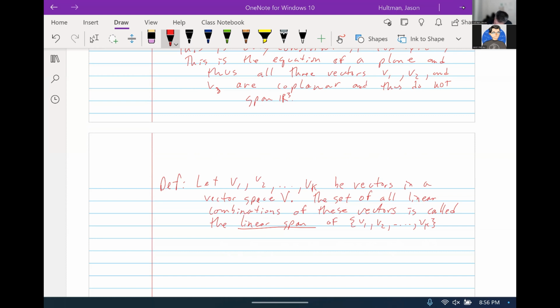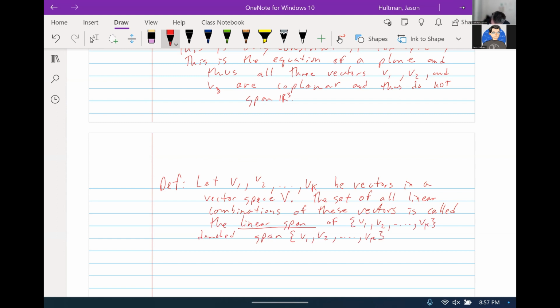And it's denoted as the span of v1 through vk.